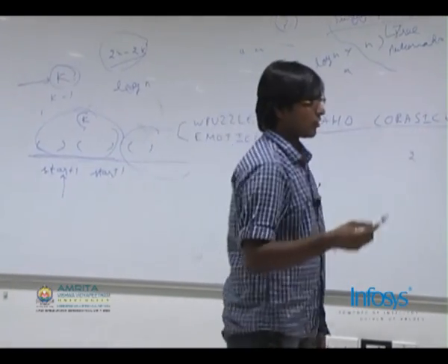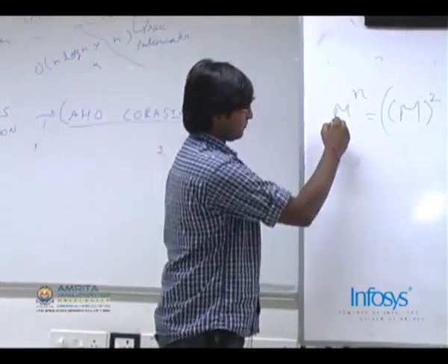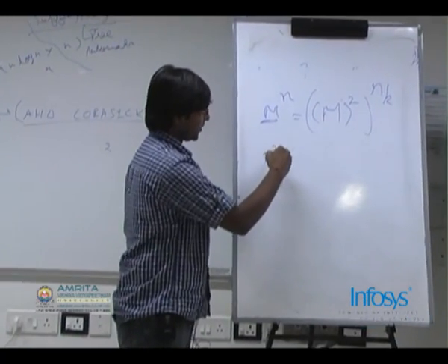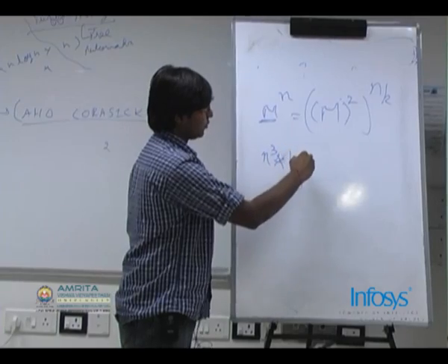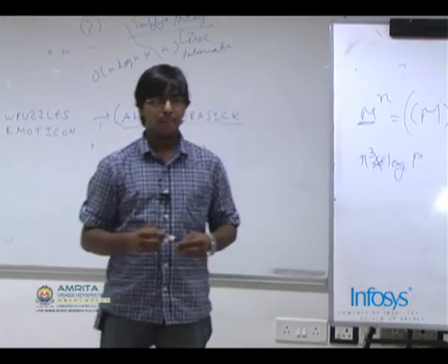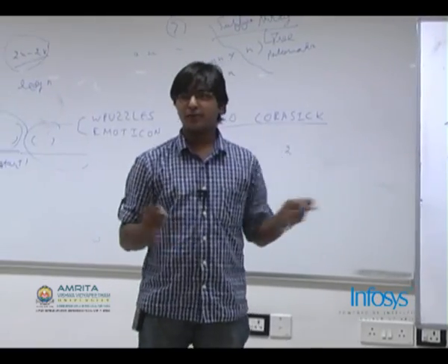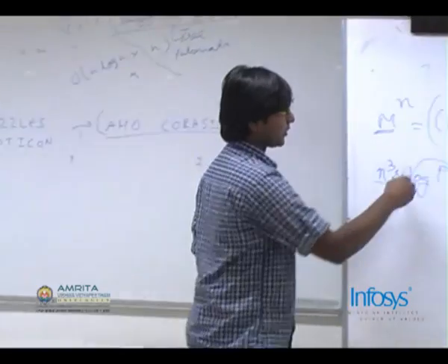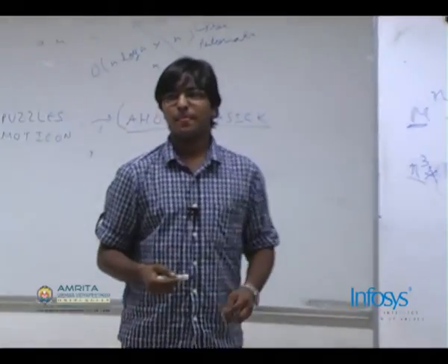Typically the complexity would be n cubed for matrix multiplication, where n is the size of the matrix, times log of the power you are trying to calculate. In this case the matrix is really small, so we ignore this and say that the order to calculate this number is log p.